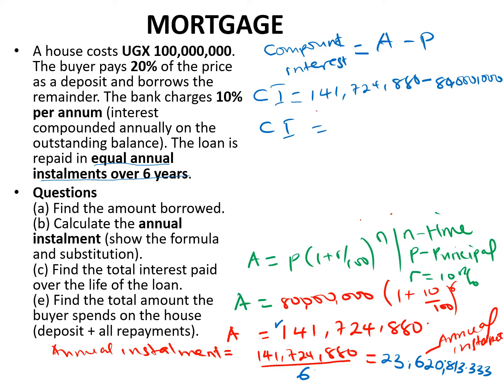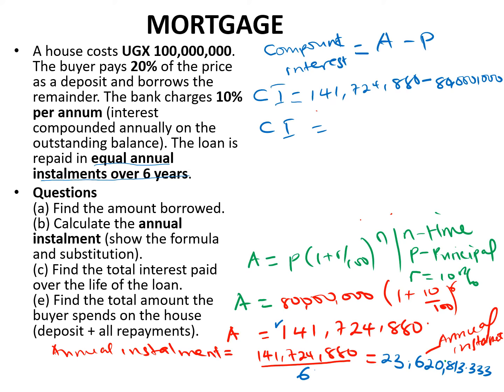And then for the case of compound interest or the interest, I'll get the amount minus principal. Amount, then minus principal. And here we shall have 141,724,880 minus the principal, which is 80 millions.